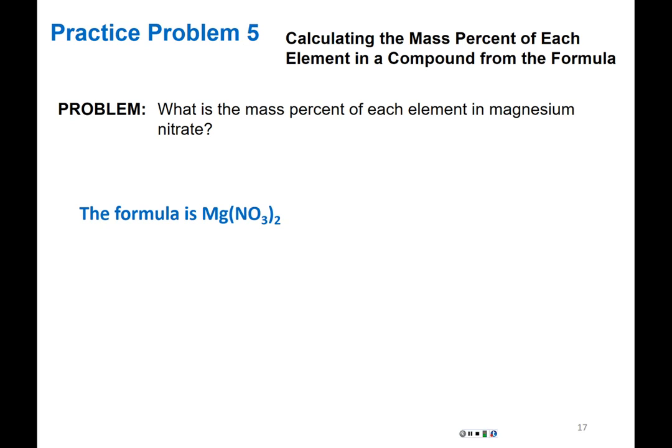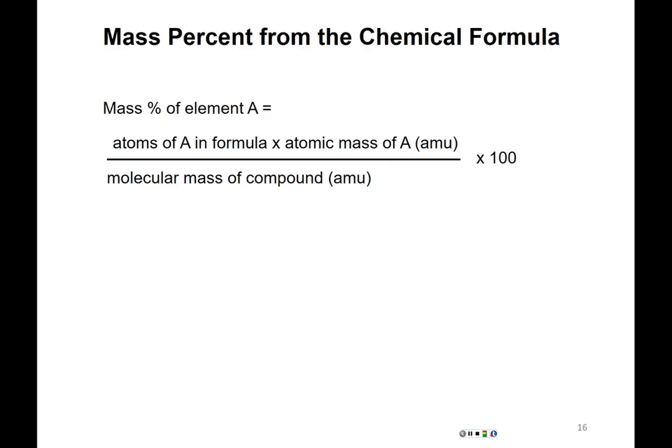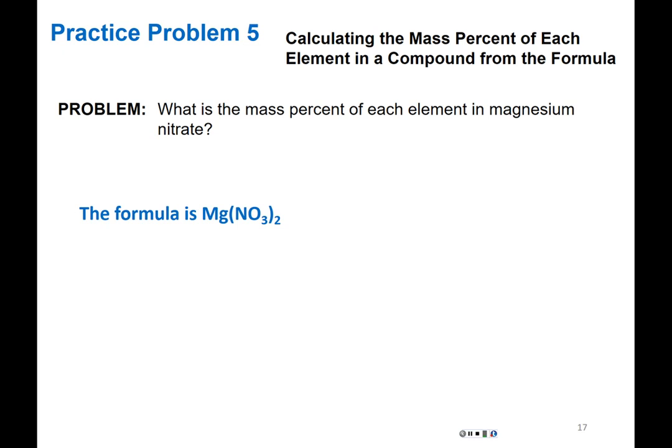So let's look at magnesium first and find the mass percent of magnesium in magnesium nitrate. Right? So going back to this, the number of atoms of magnesium times the atomic mass of magnesium divided by the molecular weight of the compound. All right, so for magnesium, we have 1 atom of magnesium times 24.3 grams per mole.